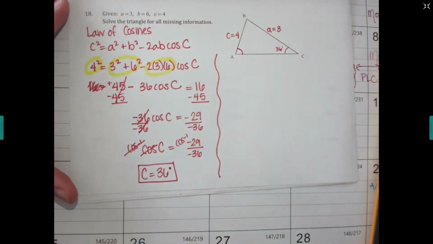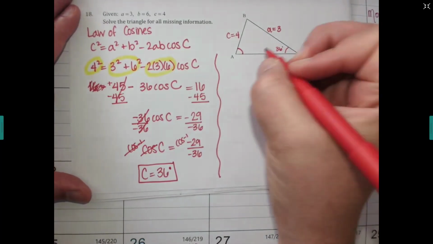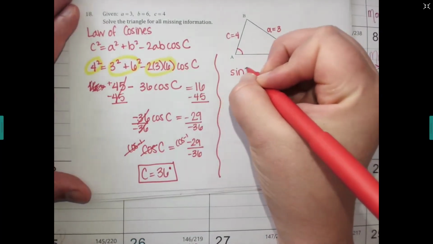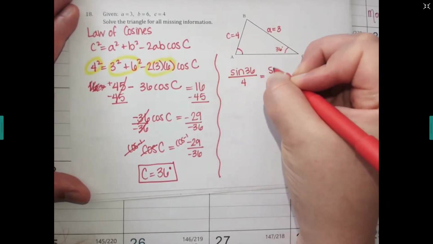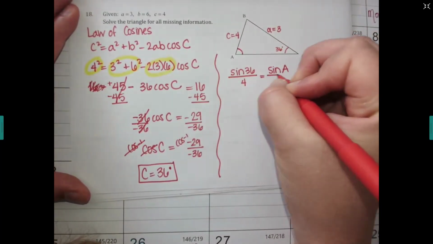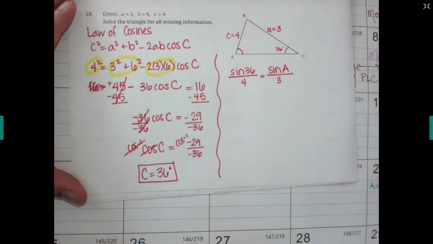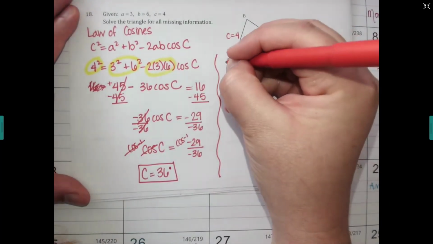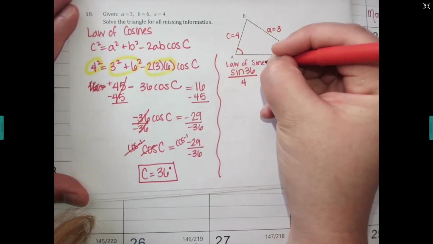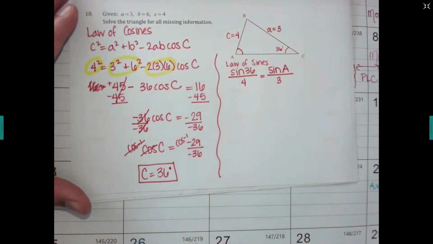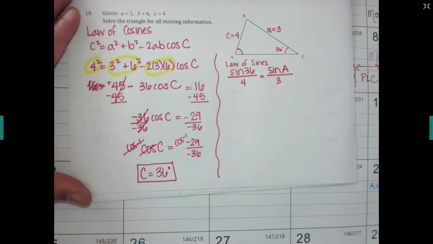So I'm going to start with my partners. So I have sine 36 over little c is 4 equal to sine big A over little a is 3. And then if you want to write on here, this is law of sines, which is the one where you have to have partners to use it.